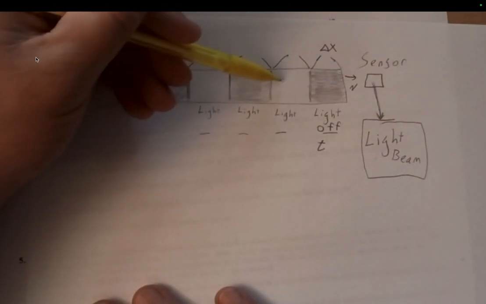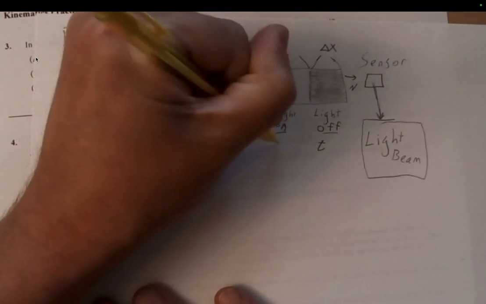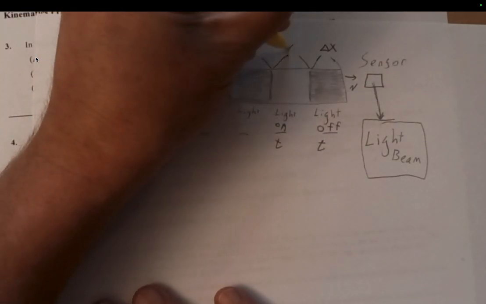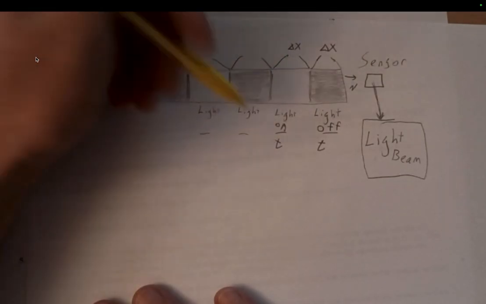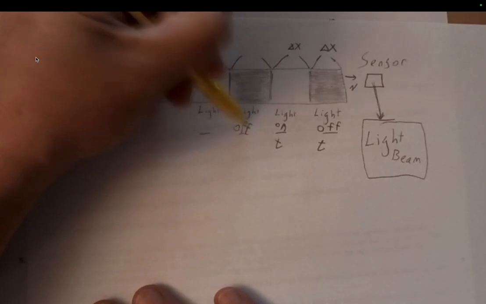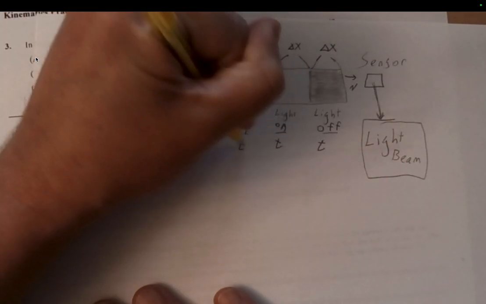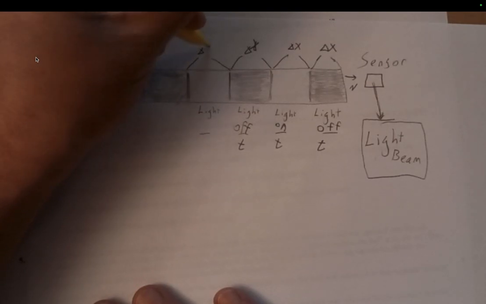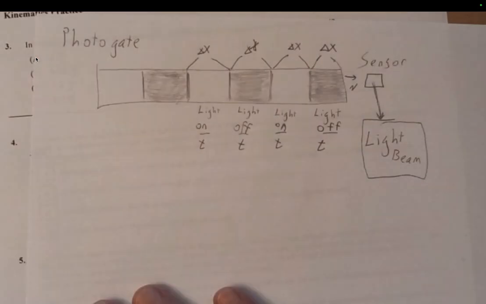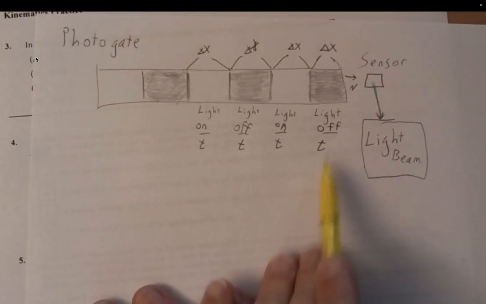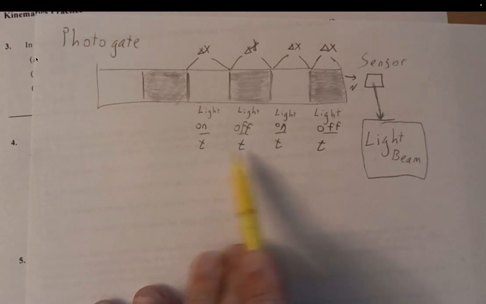And then once this light beam goes through here, then the light beam is on for a certain amount of time. So we know then the displacement over time. And then the light beam is off, where we know the displacement over that time. Then once again, we'll have the displacement for when the light is on. And then we'll have a certain amount of time with it off, a certain amount of time with it on.